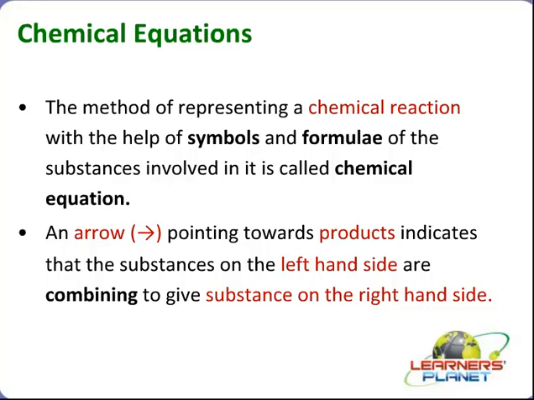So, an arrow pointing towards products indicates the substances on the left side are combining to give substance on the right hand side. What does this mean? What are the substances on the left hand side? We have discussed examples of various reactions.